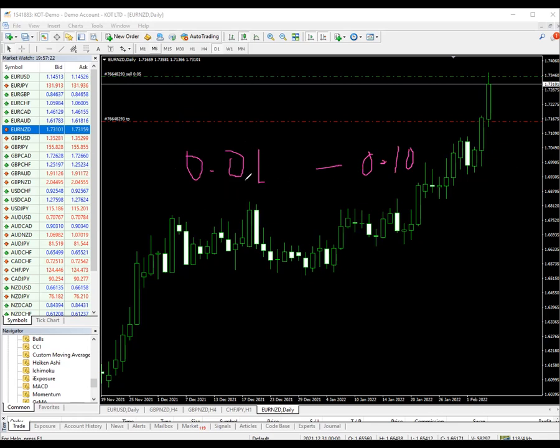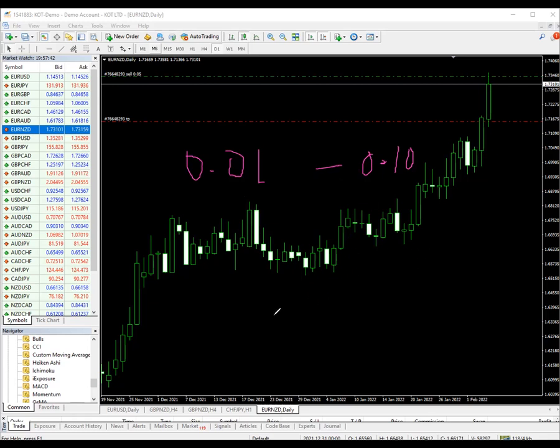So you can use 0.01, 0.02, 0.03, 0.04, 0.05, 0.06, 0.07, 0.08, 0.09, and then the maximum should be 0.10. So choose between this range of lot sizes and stick to one.